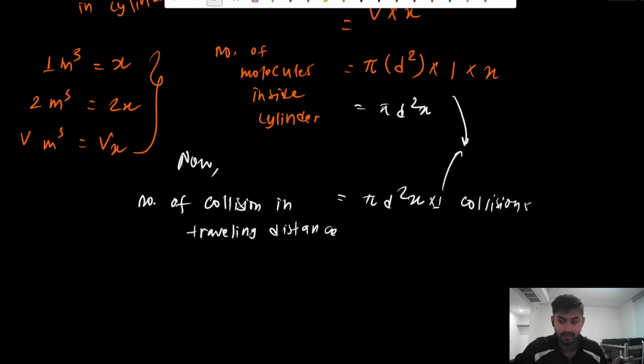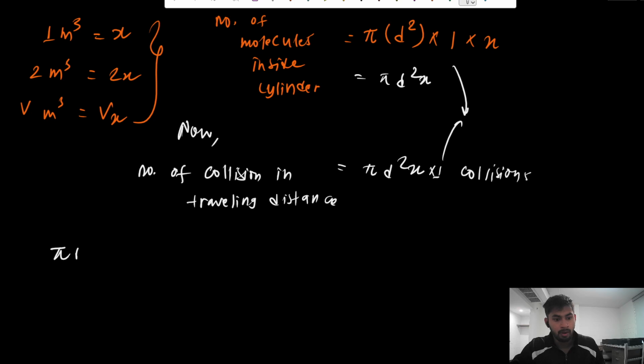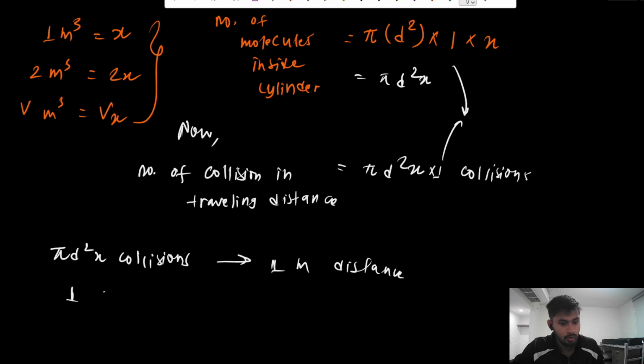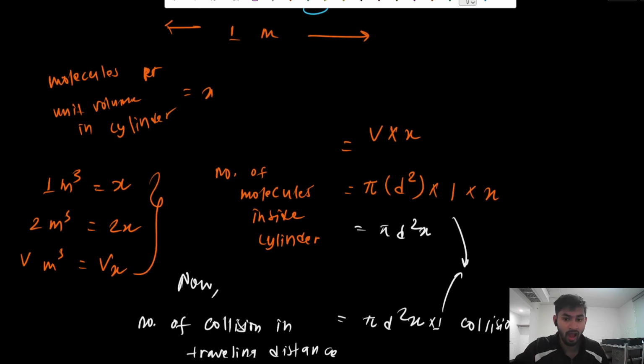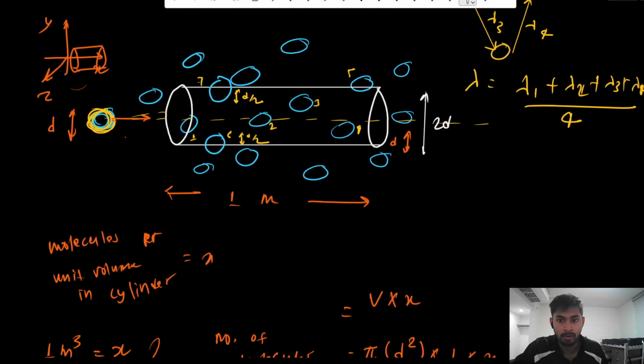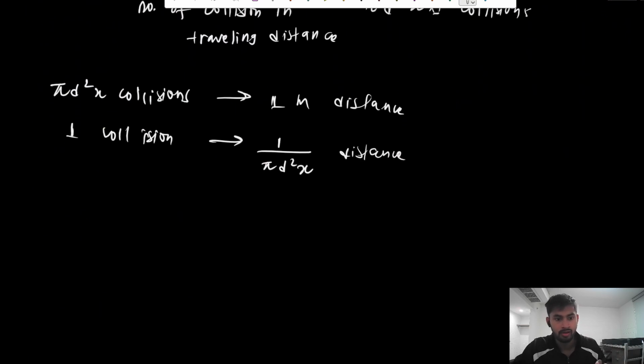What this implies is, if pi d squared x collisions happen in 1 meter distance, then one collision would happen in 1 by pi d squared x distance, right? Which is basically the idea of computing the mean free path.